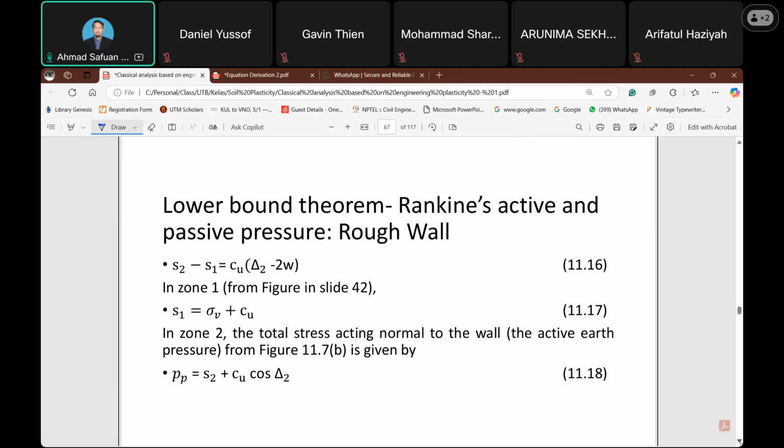So sigma 2 plus Cu cos delta 2 shall be used if we want to get the passive horizontal effective stress.